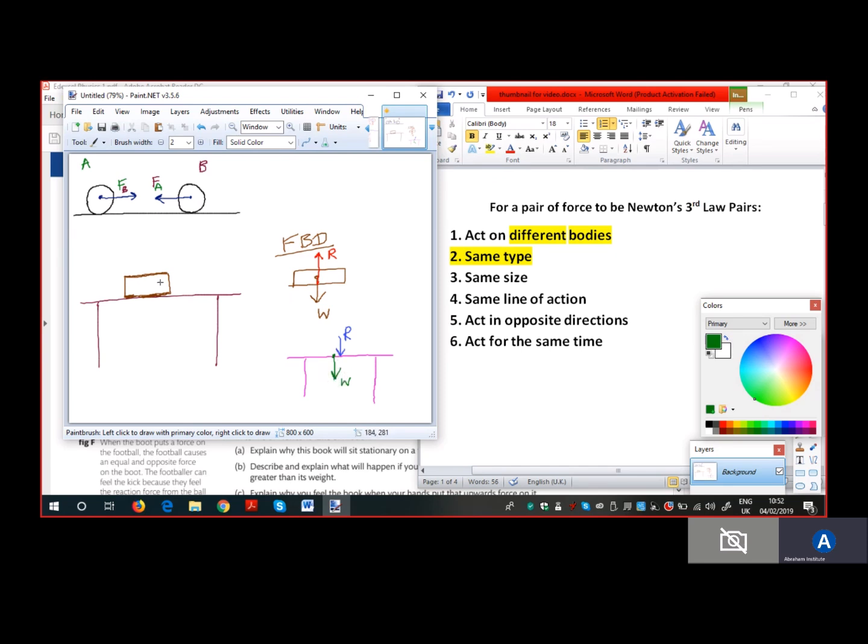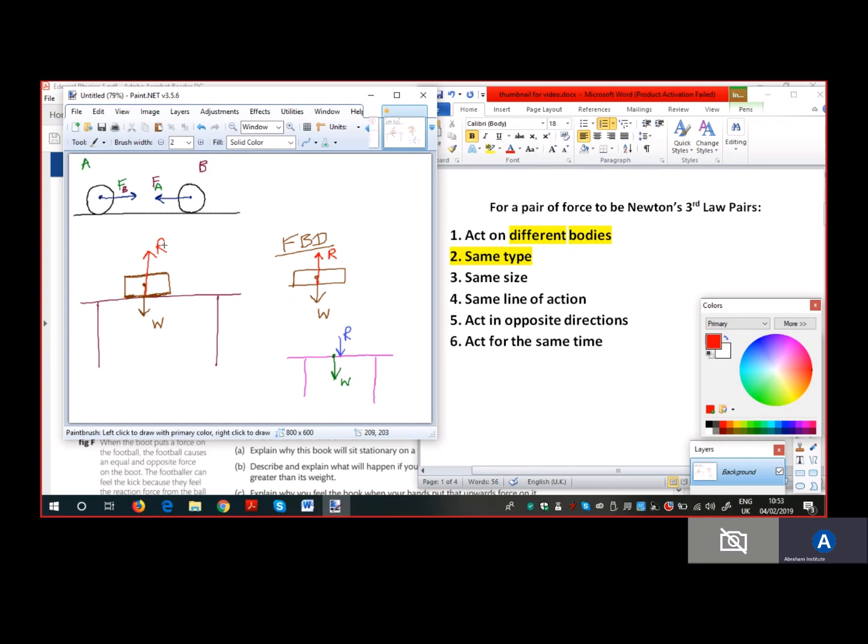Now usually the question is like this. In past papers, they ask you a question where you have a book on a table, and they draw the weight. I will use the brown color so that it's easier. The weight force is drawn like that, and they also draw the reaction force like this.